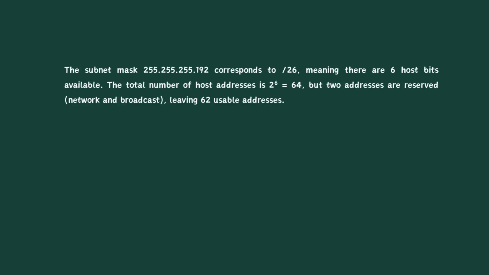The subnet mask 255.255.255.192 corresponds to /26, meaning there are 6 host bits available. The total number of host addresses is 2^6 equals 64, but 2 addresses are reserved, network and broadcast, leaving 62 usable addresses.